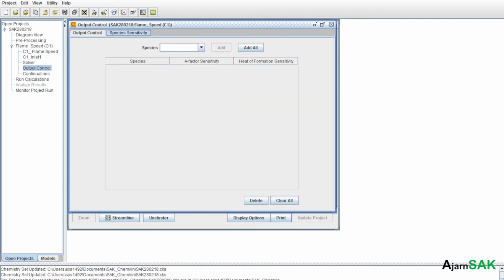Okay. If you want to see the sensitivity of a species, for example, if you have NOx at your exhaust, and you want to see what happens to NOx if you increase the temperature a little bit, or change any one parameter, what happens to your NOx? If you want to study that in a very, very detailed manner, you can choose that species here.